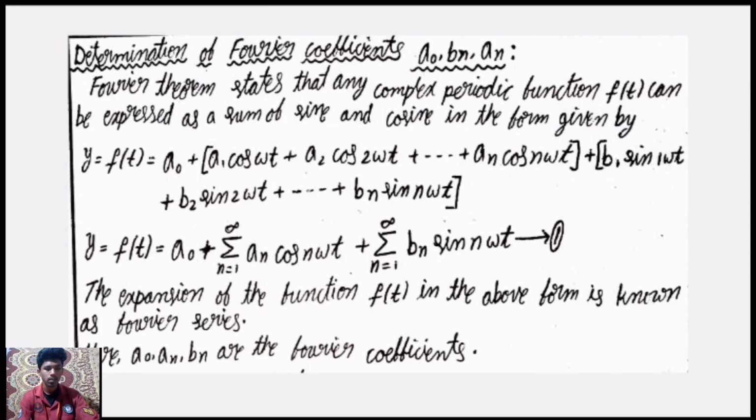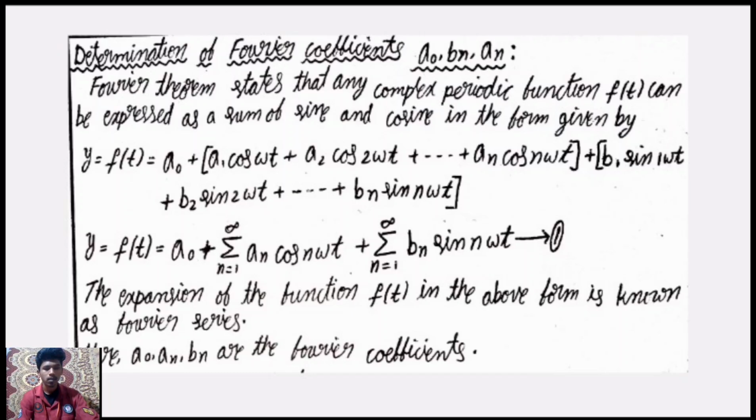By applying summation, this equation becomes y equals f of t equals a naught plus summation n equals 1 to infinity an cos n omega t plus summation n equals 1 to infinity bn sin n omega t.